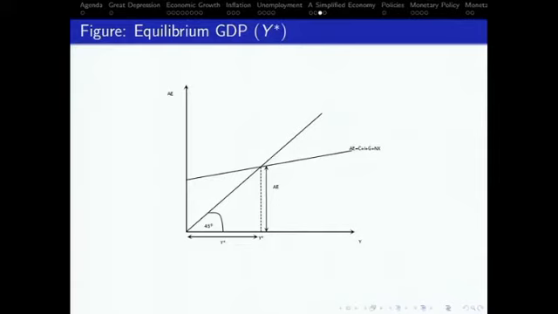One angle is 45 degrees. Another is the perpendicular, so it will be 90 degrees. The sum of the three angles of a triangle is 180 degrees, so the other angle must be 45 degrees. According to Euclidean geometry, if two angles of a triangle are equal, the opposite sides must be equal. And the opposite sides, one is showing the aggregate expenditure, the other is showing income, so your aggregate expenditure must be equal to your income.